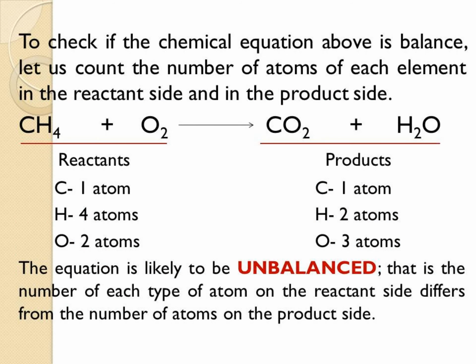To check if the chemical equation above is balanced, let us count the number of atoms of each element in the reactant side and in the product side. In the reactant side, we account for the number of atoms of each element: first carbon, then hydrogen, and oxygen.